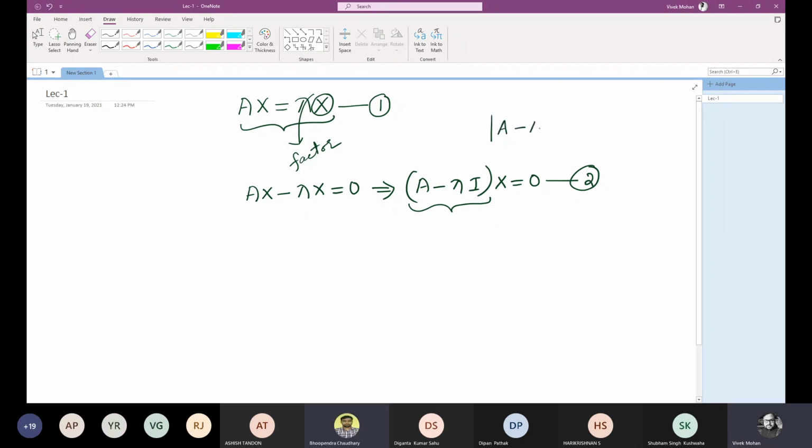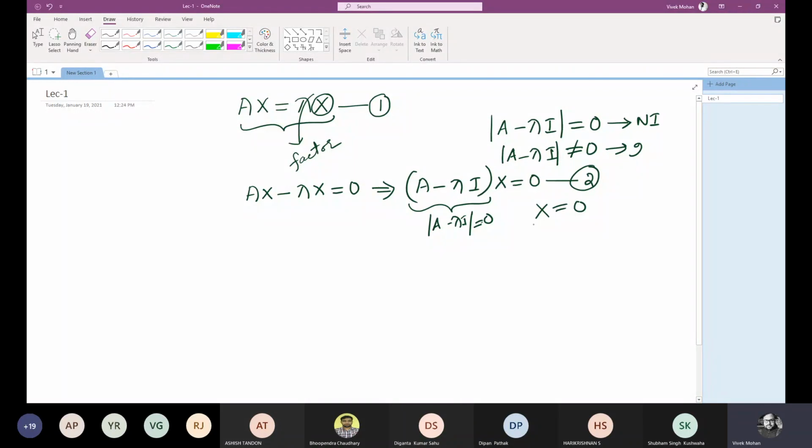If the determinant of A minus lambda I equals 0, then it is non-invertible, right? If the determinant of A minus lambda I is not equal to 0, then it is invertible. If it is invertible, then the only solution for this equation is x equals 0, which is useless because we are trying to find the vector.